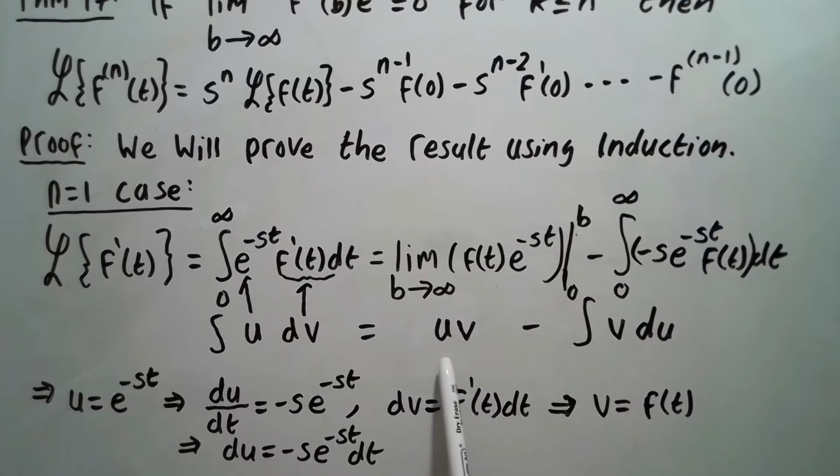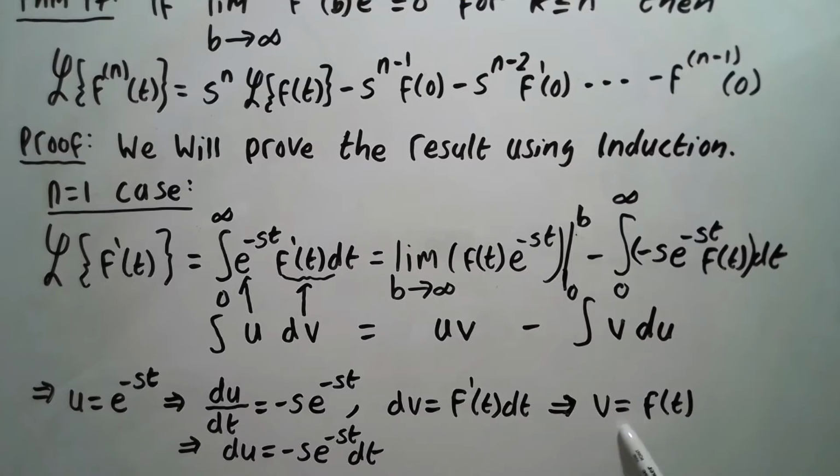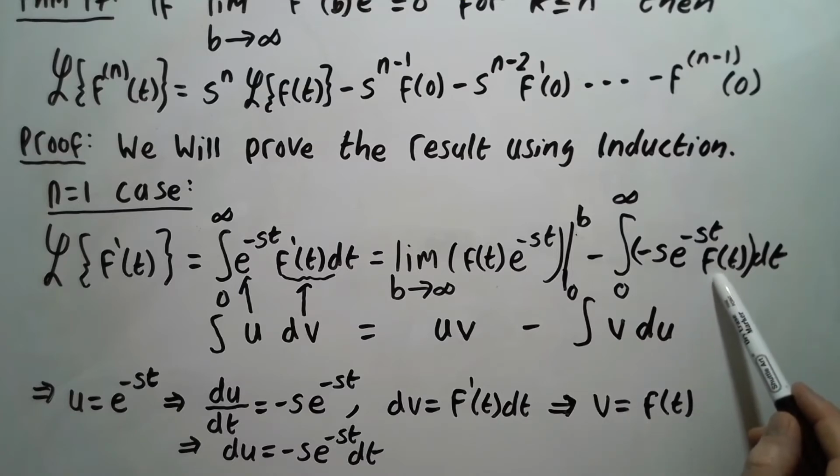My v times u is f times e to the minus st, which I have over here. Then minus the integral of v du. Du is the negative s e to the minus st, which I have here, times my v, f of t, and my dt is here also.